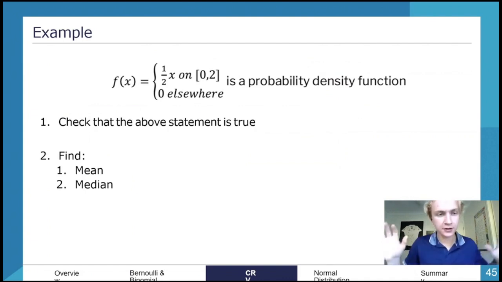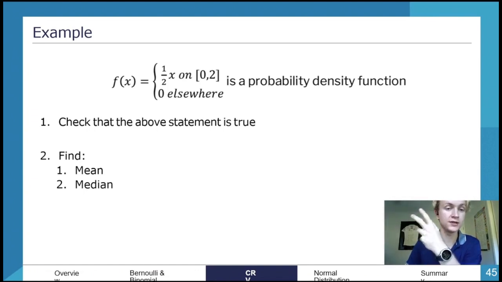Okay, so we're now going to go over another example. We've got a probability density function. This probability density function follows the rule half x between 0 and 2, and it's 0 elsewhere, and in question 1 we're trying to show that this is a probability density function. Firstly, we have to check the statement is true, so remembering our two rules.